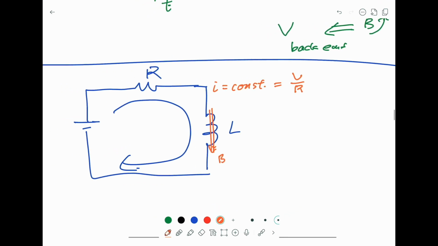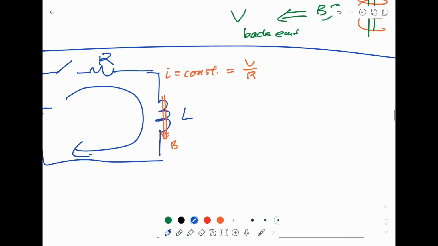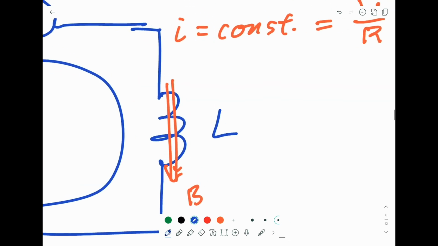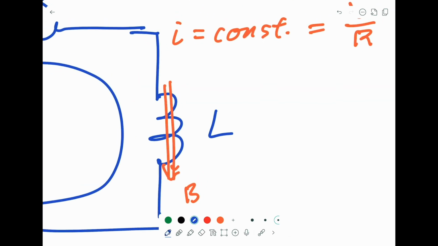Now what happens when someone decides to open the circuit? It means someone tries to open it. So when it is opened, the current across the inductor suddenly drops.